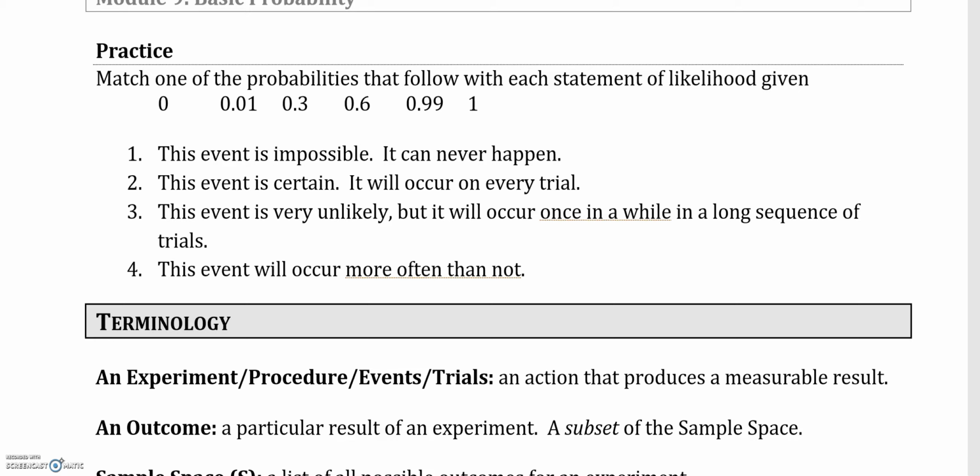Number 1, this event is impossible. It can never happen. We would associate that with a probability of 0. Number 2, this event is certain and will occur on every trial. So that's 100% chance of occurring, or probability of 1.